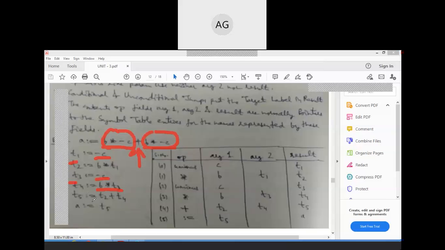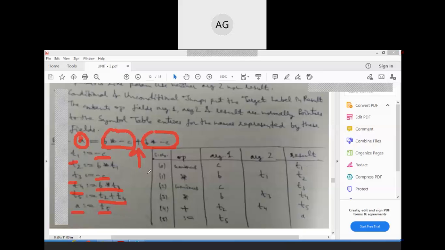So t5 contains the addition of t2 and t4, and finally the value of t5 is stored in the variable a, according to the question. These are the codes written in three address code.